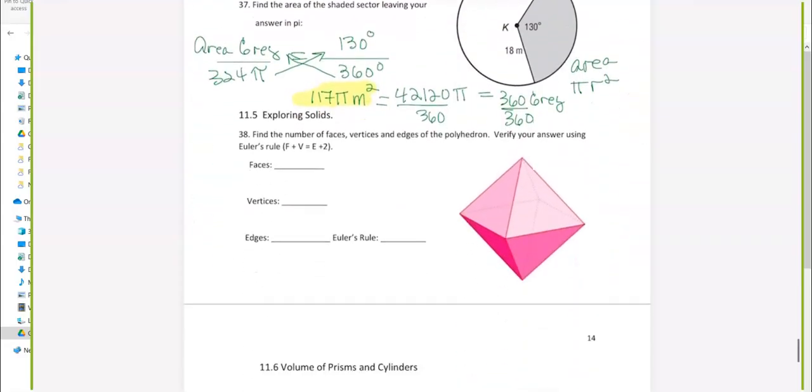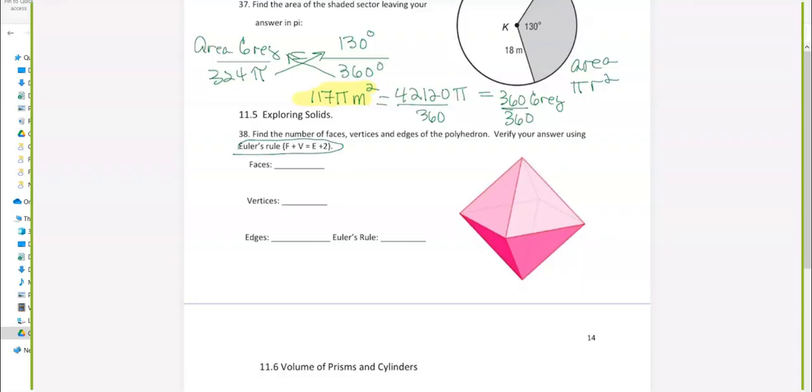Okay, the next section is 11.5, exploring solids. So we're going to take advantage of Euler's rule. So the pink is called a polyhedron, and they want us to figure out the number of faces, the vertices, and the edges.